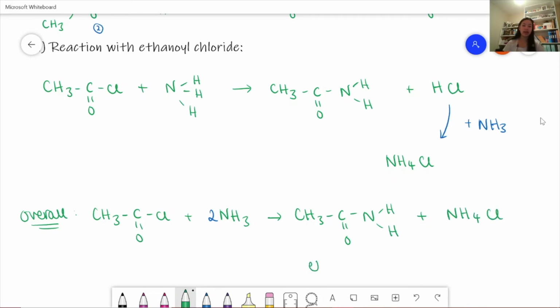And this is our ethanamide. So again, how we've got the amide is that we've broken off this chlorine here, and this partially positive carbon has reacted with the lone pair of electrons on the nitrogen, and then one of the hydrogens off the ammonia has been removed, and this hydrogen then reacts with the chlorine removed from the ethanoyl chloride to form hydrochloric acid, and this hydrochloric acid then reacts with another mole of ammonia to form NH4Cl.